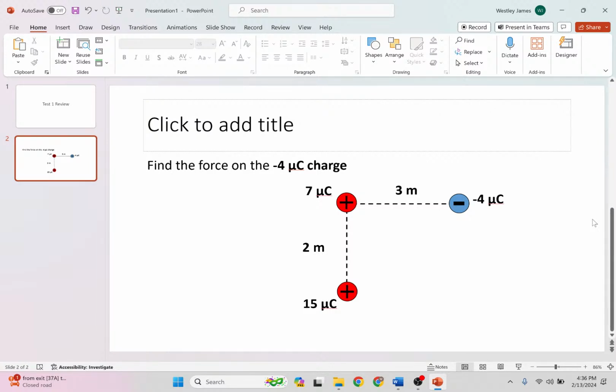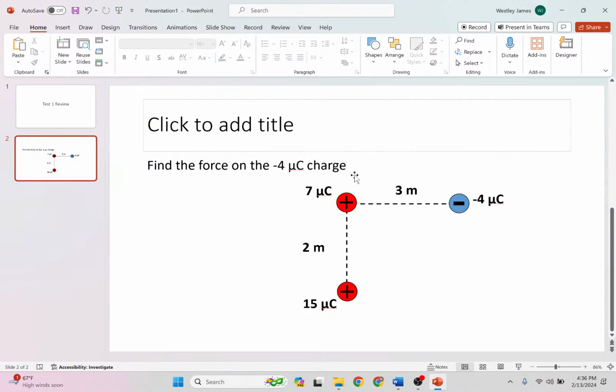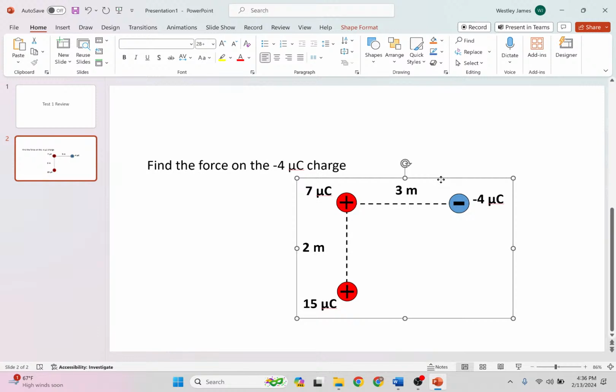So I've already drawn the picture for y'all, but the next step, draw the direction of, so see if you can draw the forces that are acting on that charge. Try it out, y'all. And again, I will upload this PowerPoint after the class. So don't feel like you need to copy everything down.